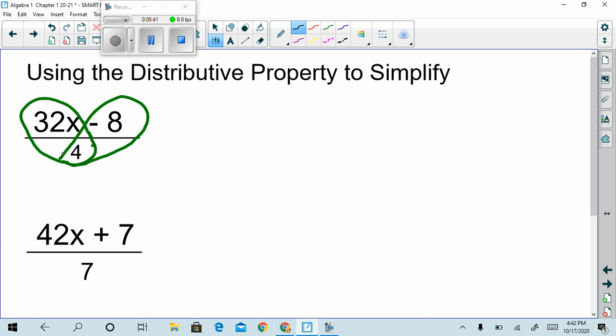It looks like a heart because we're sharing here. It's the same as if I were to say 32x divided by 4 and minus 8 divided by 4. So 32x divided by 4 will leave me with 8x, and this negative 8 divided by 4 will give me minus 2.